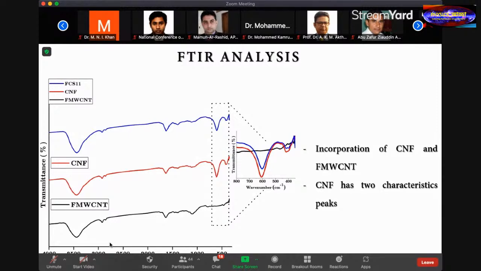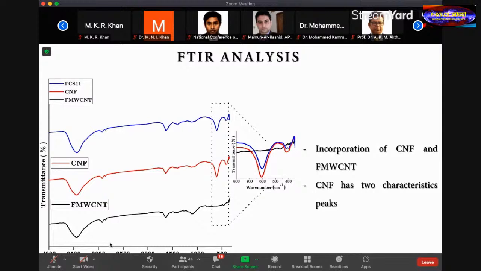The lower wave number band was associated with the octahedral site, and the higher wave number range was associated with the tetrahedral site. Now we can see the nanocomposite consists of all bands, including the ferrite and nanotubes FTIR bands.